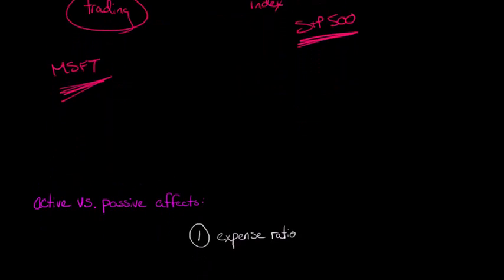And this is going to affect the expense ratio. There are a couple of different reasons why. One is the compensation for the manager. If the manager is being compensated for trading, for their trading savvy and abilities, they have to do a lot of research, they have a lot of pressure, they have to make decisions. They're trying to basically beat the market, right?